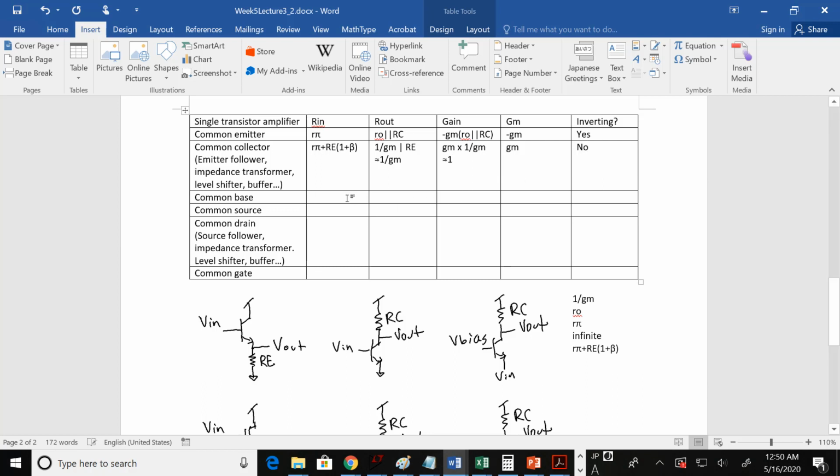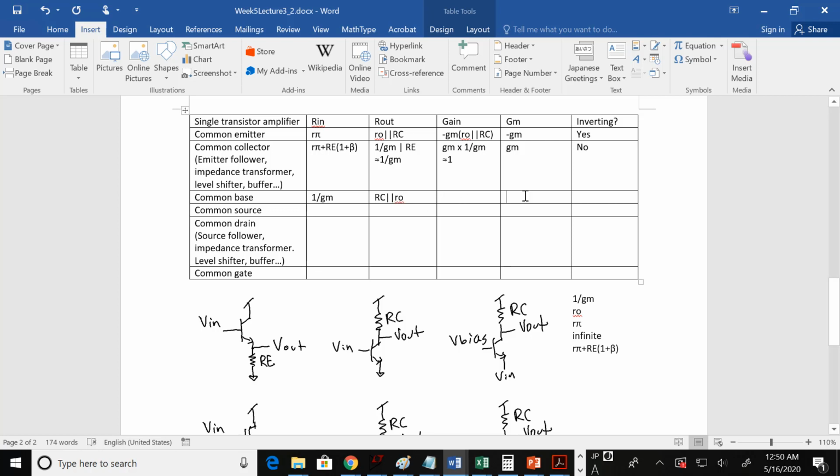Okay, common base. Your input goes into the emitter, so it's 1 over GM. For your R out, you look in both directions and you get RC parallel RO. I'm going to write RC first so I don't have to do the capitalization thing.